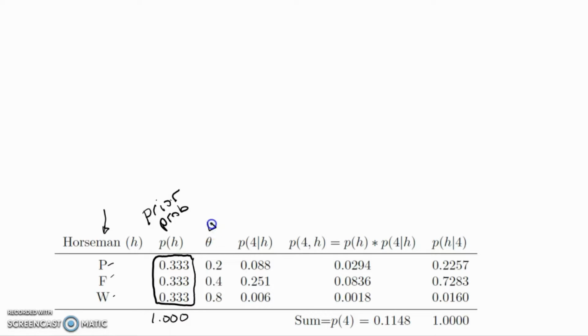So what is theta? Theta is the long run proportion of individuals that are killed when each one of these problems arrives.